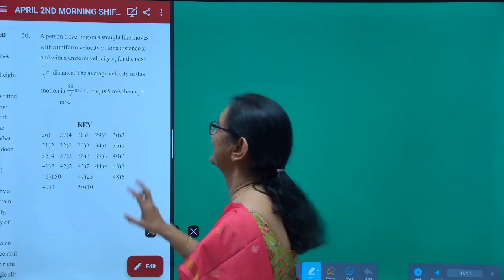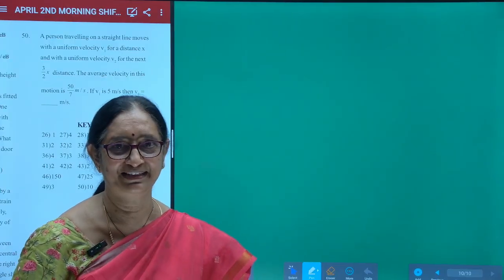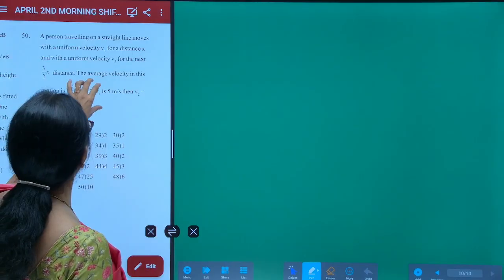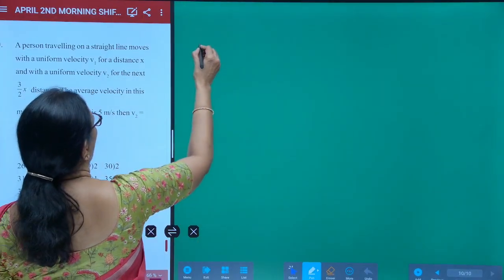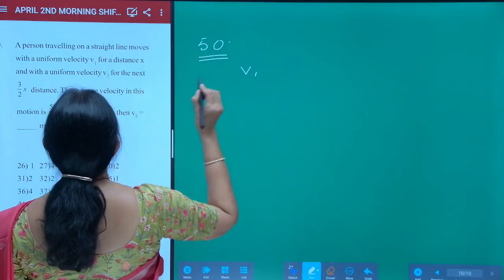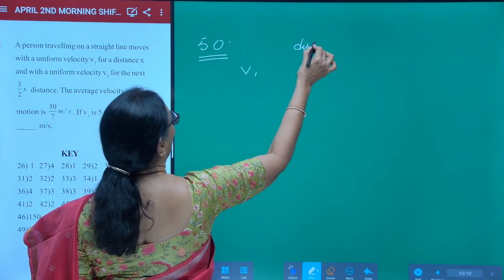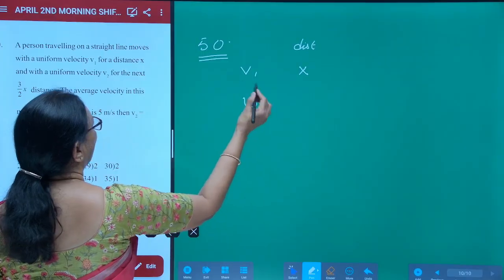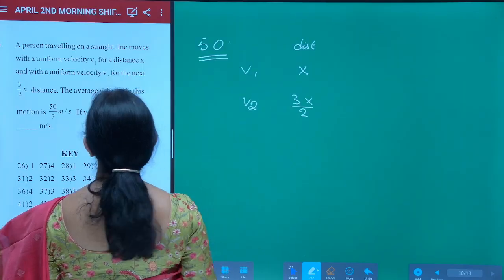Again, this last question is from the first topic, that is kinematics. So, look here, a person travelling on a straight line moves with uniform velocity v1 for a distance x and with a velocity v2 for a distance 3x by 2.